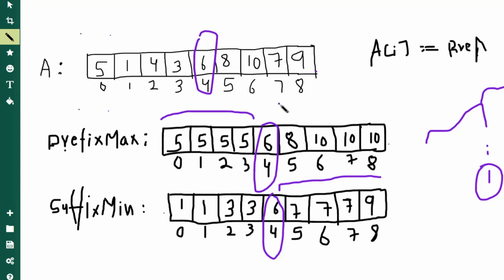So we do not consider that element and we keep traversing the array in the forward direction.